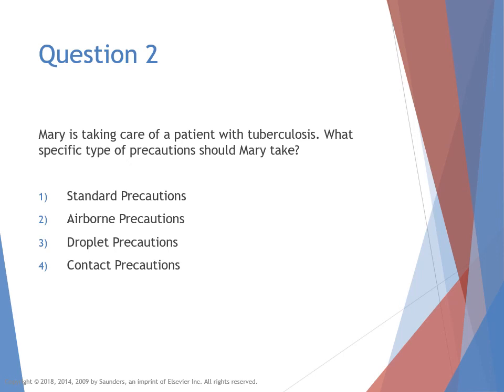All right, so for this TB patient, we want to utilize number 2, airborne precautions. In addition to standard precautions, which are used for all patients, airborne precautions are used with patients with TB because transmission of the disease is airborne.